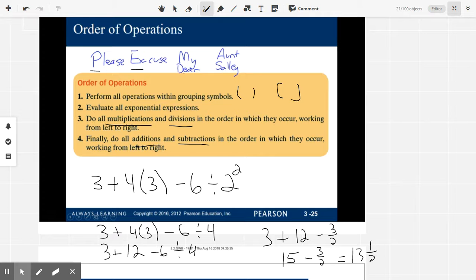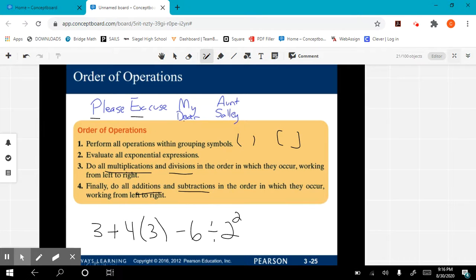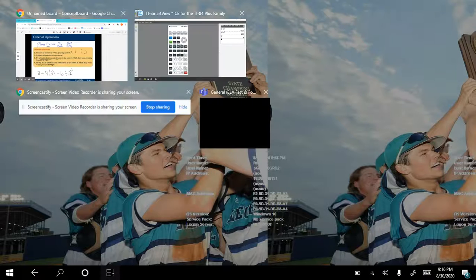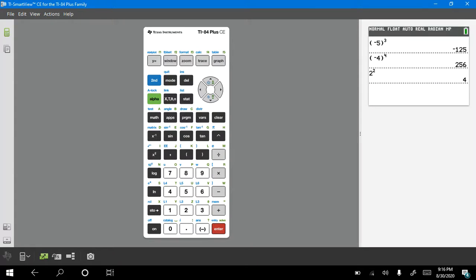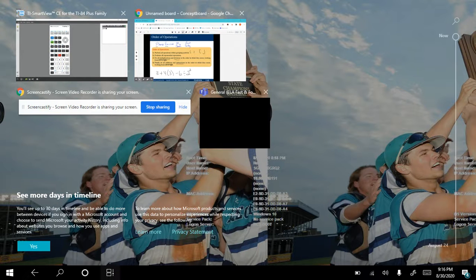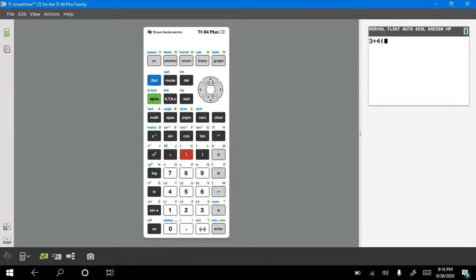Now, the nice thing about these calculators, let's see if I can remember this in my head as I go to this calculator, is I can punch it right in the calculator. So I think I had 3 plus 4 times, I'm not going to be able to remember, I'm going to have to look, times 3 minus 6 divided by 2 squared.